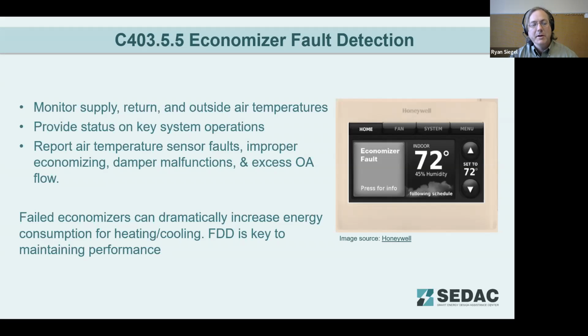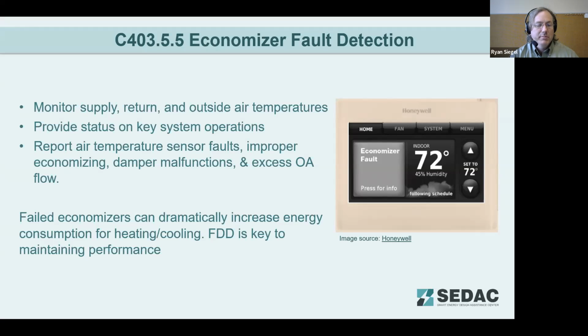So is it in economizer mode or not? And making sure that it's reporting either temperature sensor faults, economizing not working correctly, damper malfunctions, or a lot of excess outdoor airflow. As noted, failed economizers can dramatically increase energy consumption.